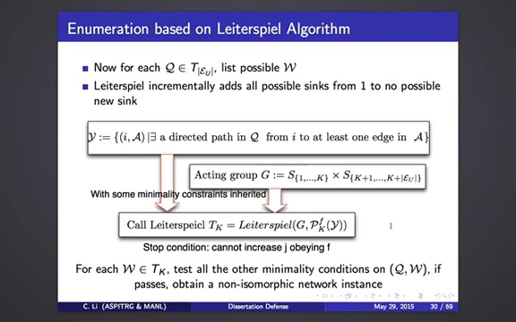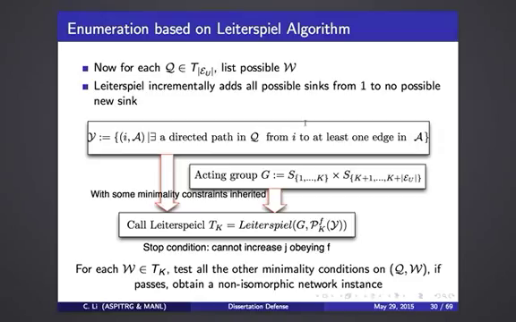Now for each possible Q in the enumerated list from the last slide, we would like to configure all possible things, W. We will call Lattice Spiel again. So here the W is Q dependent. So set Y for Lattice Spiel is then the I, A pairs, where I is a source, A is a subset of edges and sources.